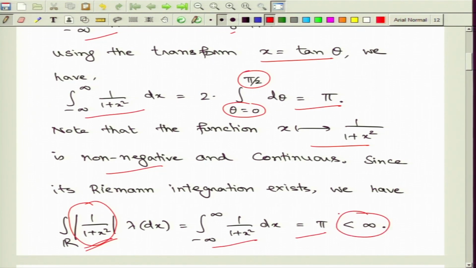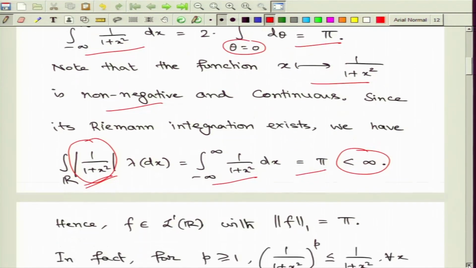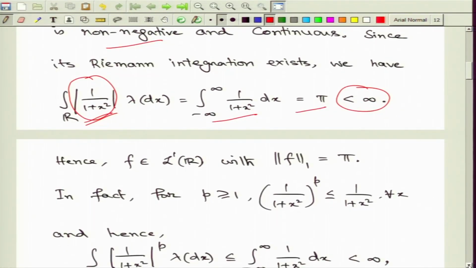Now, this is a finite quantity, and therefore, our claim is that the given function has to be an L1 function. Moreover, the L1 integration, remember, is exactly the integration from minus infinity to plus infinity of mod f d lambda.